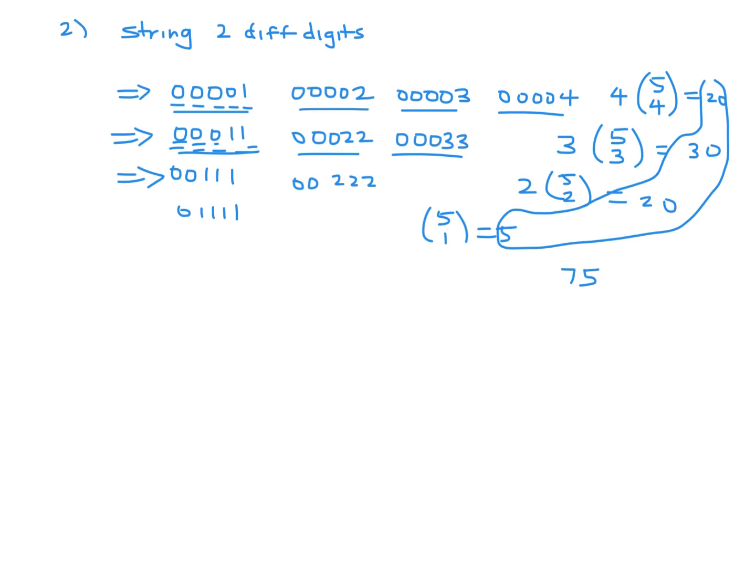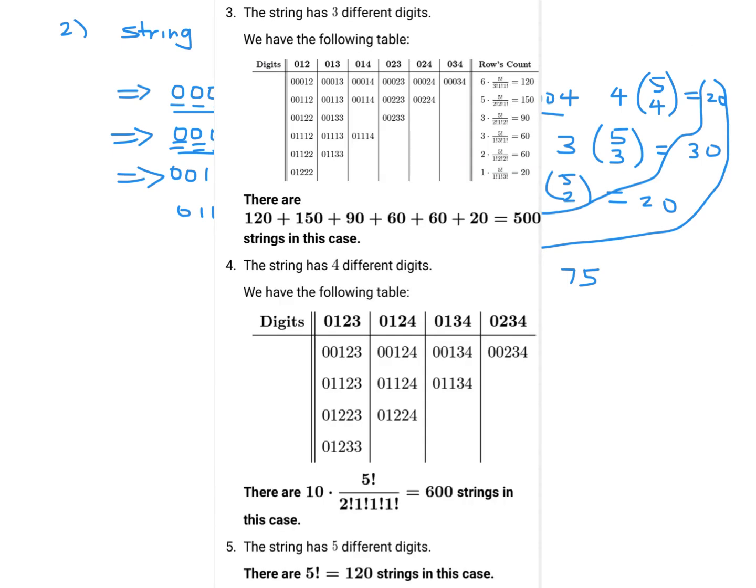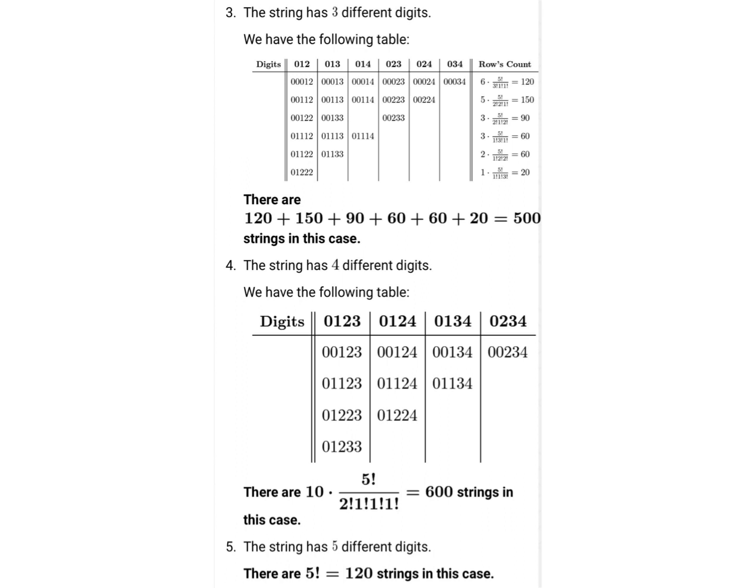So in a very similar way, you just got to keep going like this. And this is basically the table. That table will give you the full picture. This is the scenario when you have 3 different digits, this is when you have 4 different digits, and finally 5 different digits down here, and each of these has a certain number.